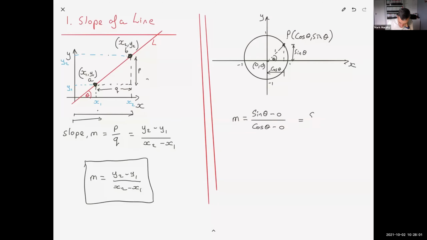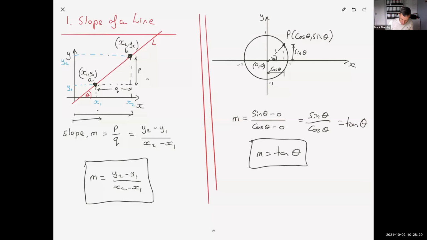So it's equal to sine theta over cosine theta. Now, we know that sine theta divided by cosine theta is equal to tan theta from trigonometry. So we have our second definition: m equals tan theta. Put that in the box.